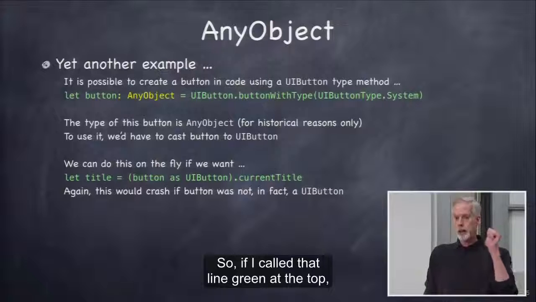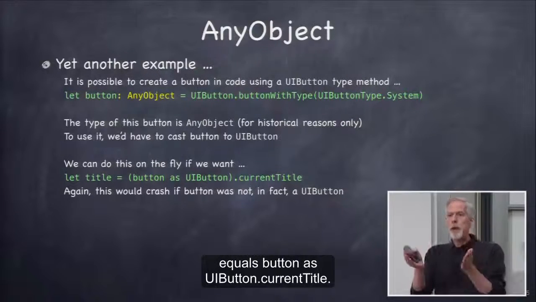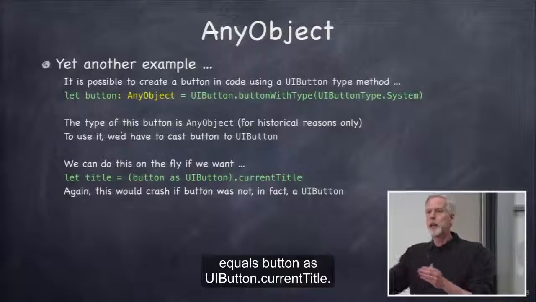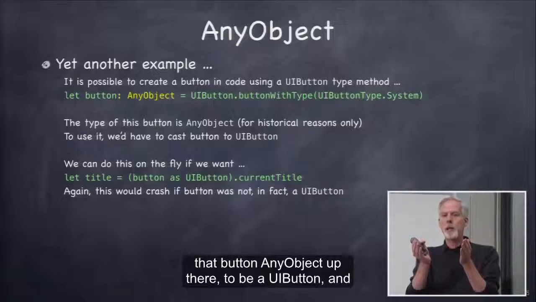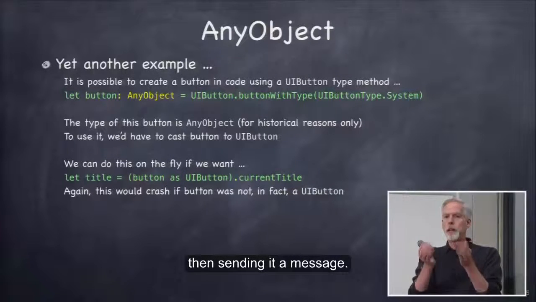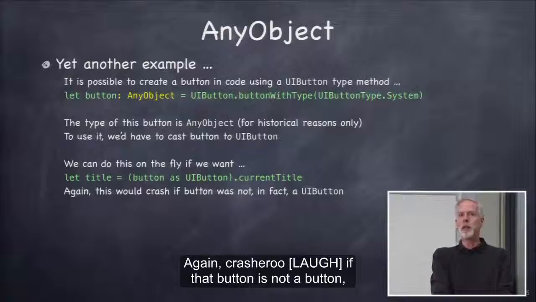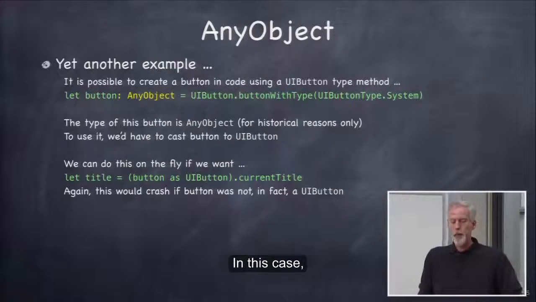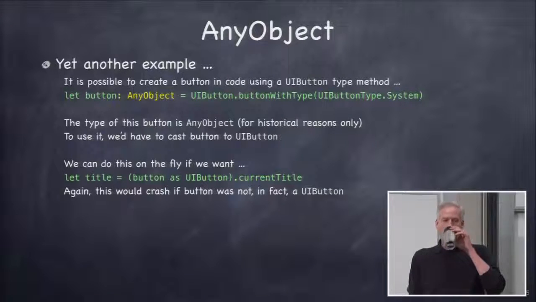So if I called that line on green at the top, then down here I could say the title of the button equals button as UIButton dot current title. So I'm just casting that AnyObject, that button AnyObject up there to be a UIButton, and then sending it a message. So you can cast on the fly. Again, crash-a-roo if that button is not a button, but that's okay. In this case, button with type better darn well return a UIButton.